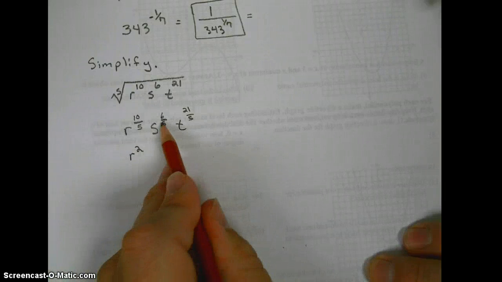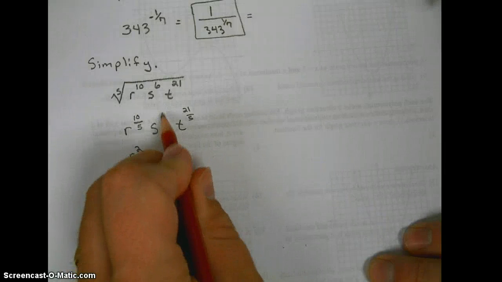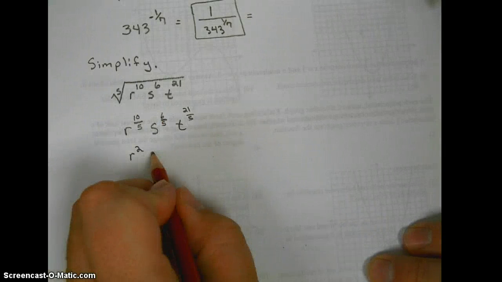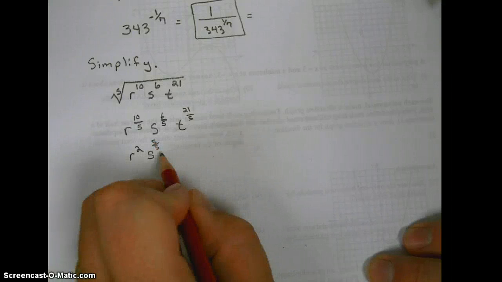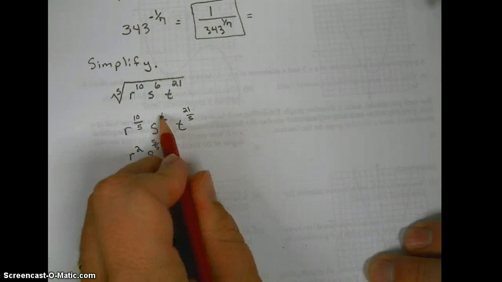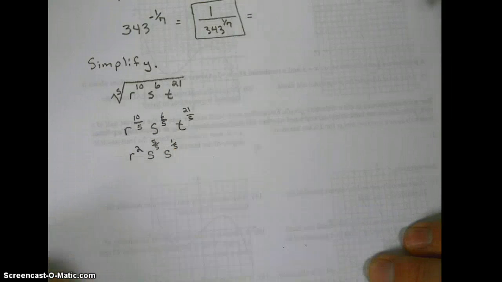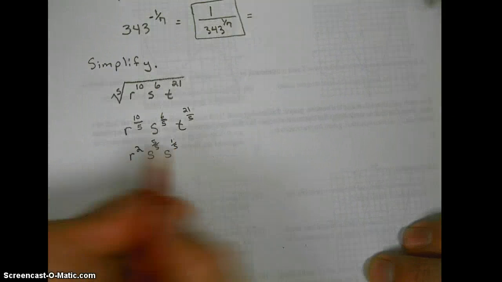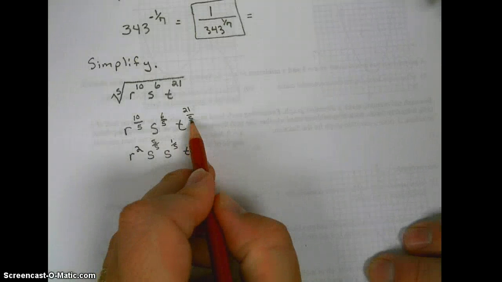Now on this one, we're going to break this up into a whole and whatever is left over. So we'll have s to the 5/5 and s to the what's left over. If we take 5/5, a whole out of that, we have 1/5 left over. T. Now here, how many fifths can I take out of 21 and get a whole number?